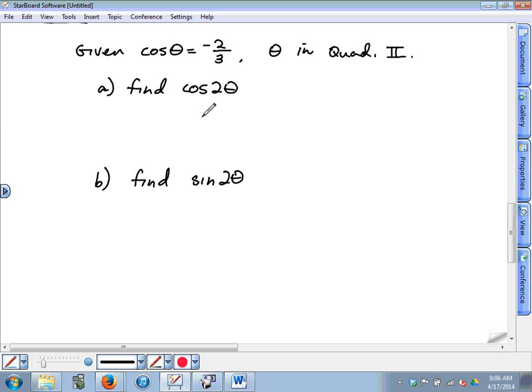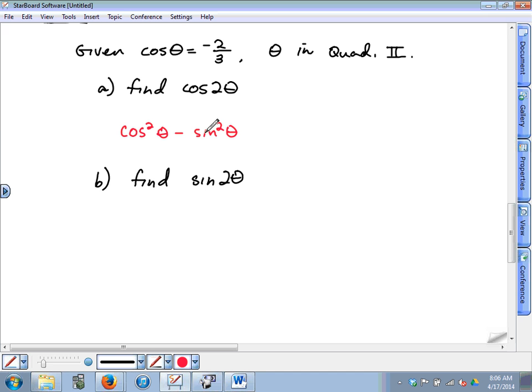So first of all, let's break this down. What is the cosine of 2 theta in terms of an identity? Not the actual numerical value, but just in terms of an identity. What is the cosine of 2 theta? Cosine squared theta minus sine squared of theta. Do we know cosine? We know cosine. What's the cosine of theta?